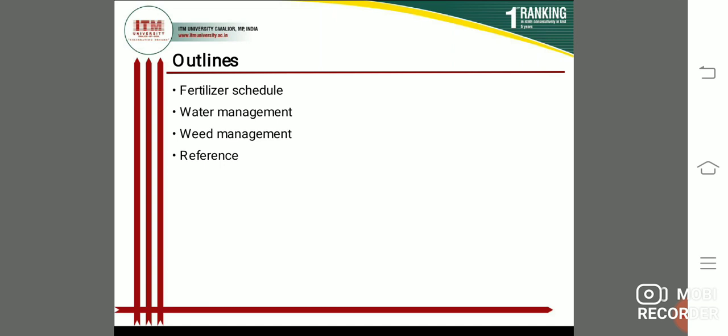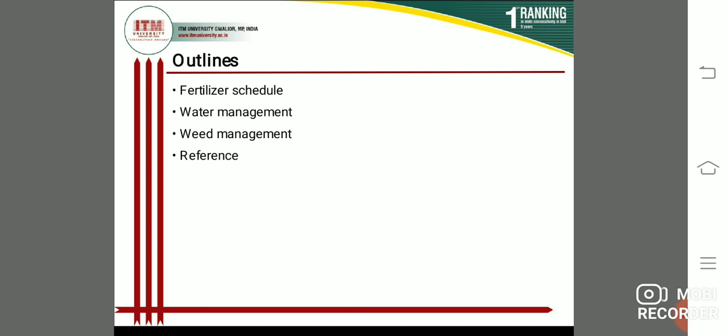In general, the following recommendations hold good in all the pearl millet growing regions for economic pearl millet production. For low rainfall, below 750 mm, 40 kg nitrogen per hectare.